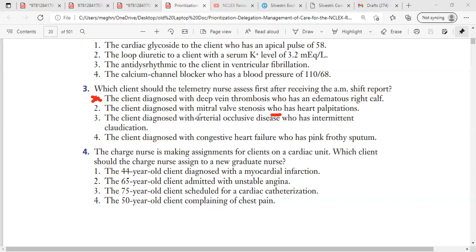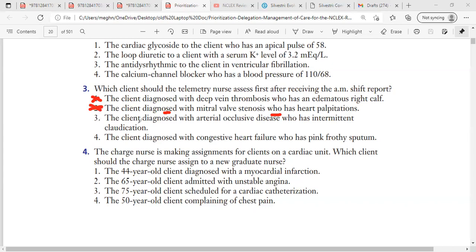Again, a person diagnosed with mitral valve stenosis has heart palpitation, and this is expected and normal for the patient. Palpitation means a sensation of rapid, fluttering heartbeat. So it is not a priority.